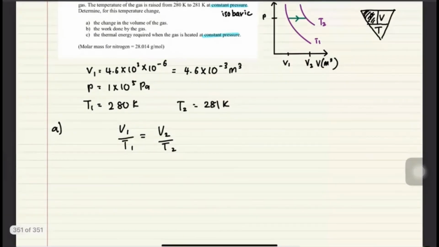You have to find V2 first, and then only you can find delta V, because the question was to find the change in the volume of the gas. The change here means they want to find delta V. Delta V equals V2 minus V1. First you have to find V2.